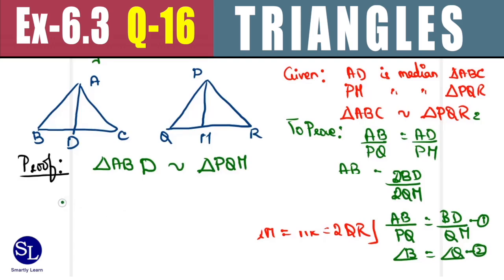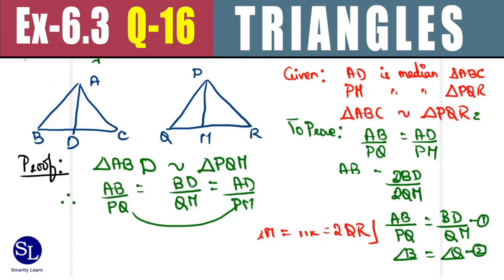So therefore, because these two are similar, I can write the proportionality again. So this is AB by PQ is equal to BD by QM, which is equal to AD divided by PM. So what was needed for us is just these two. So you can ignore the middle part and simply say AB by PQ is equal to AD by PM, hence proved.